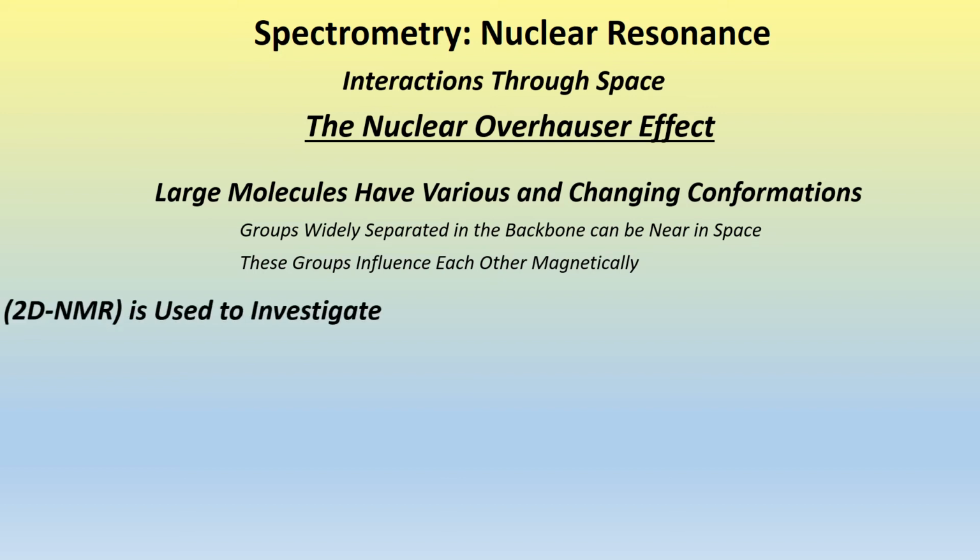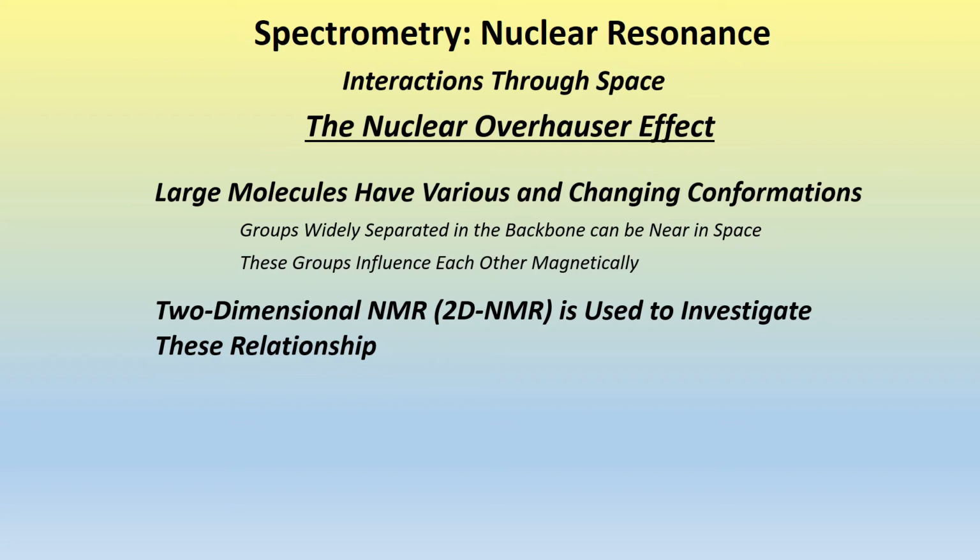Two-dimensional NMR, 2D NMR, is used to investigate these relationships. If you remember how resonance spectrometry works, a reference pulse aligns the spins. This reference pulse is propagated along the z-axis.